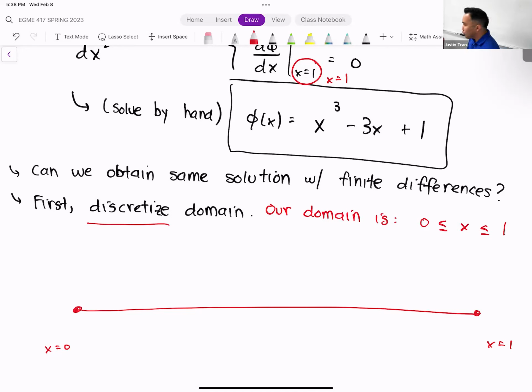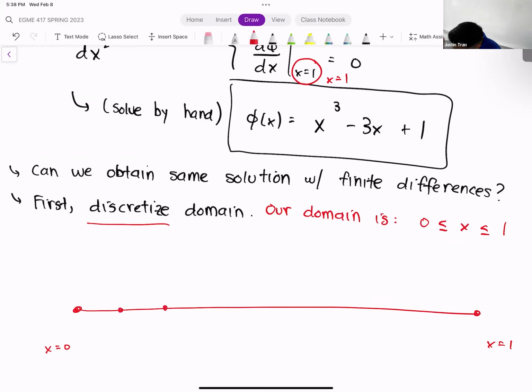If our whole domain is a line and we want to break it up into smaller subdomains, we're going to take our big line and chop it up into a bunch of smaller lines. So we're just going to draw a bunch of little nodes here, just like that. But the most important thing is that we need to label them.